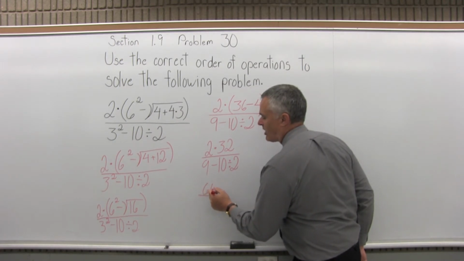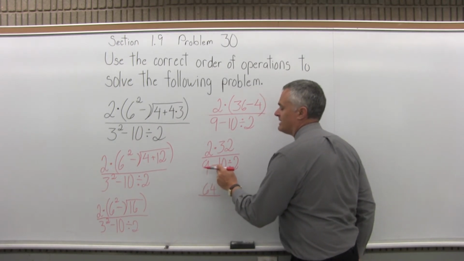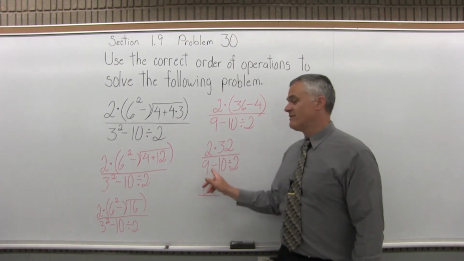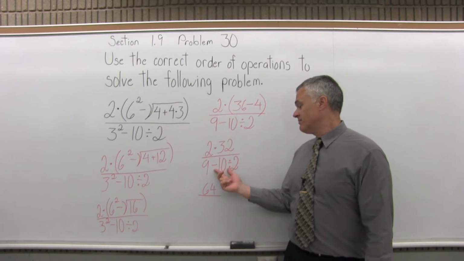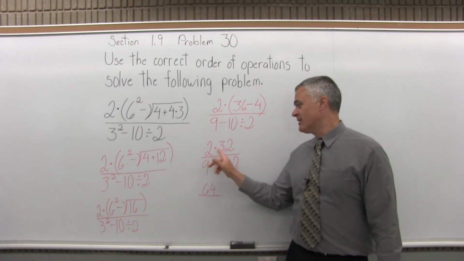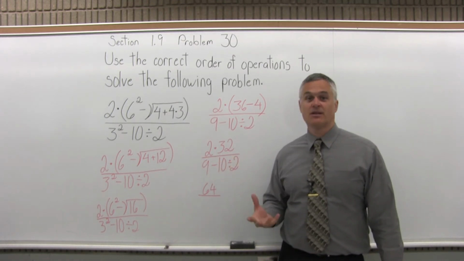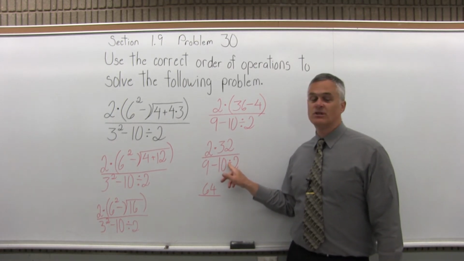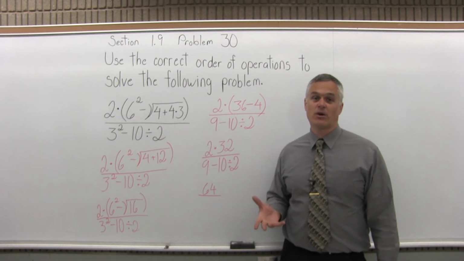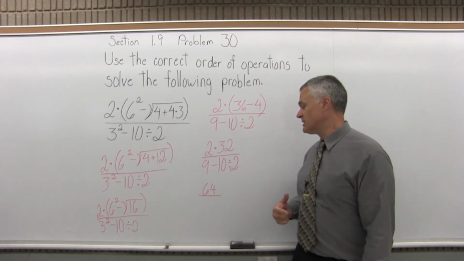In the bottom, I do have 9 minus 10 divided by 2. I have a subtraction and a division that I have to consider all at the same time. Again, that fraction bar is a type of grouping symbol. So between subtraction and division, division has a higher level of priority. I have to do the division first.